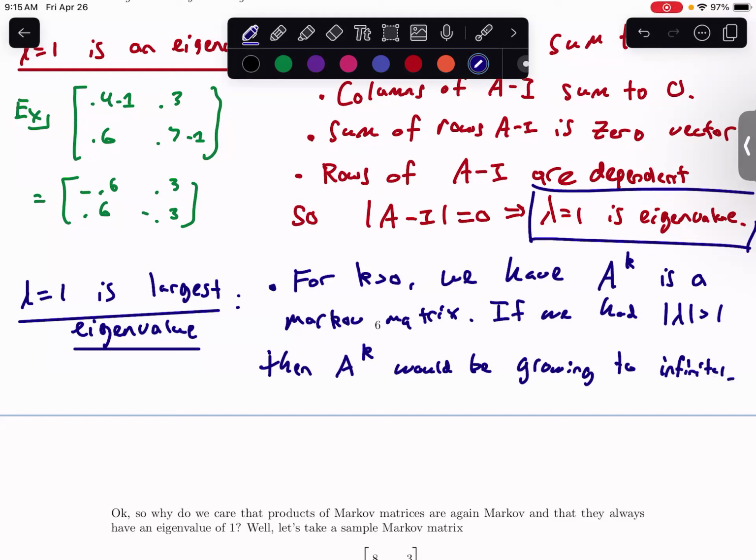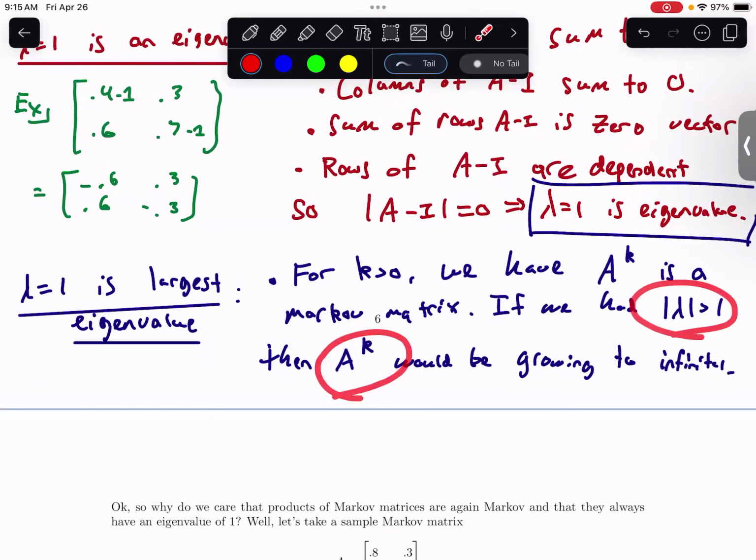The reasoning behind this is that there's a relationship between the power of a matrix and the eigenvalues and eigenvectors. You can write a vector as a linear combination of the eigenvectors. So if you have lambda greater than 1 and you take a bunch of powers, your matrix power would blow up to infinity.